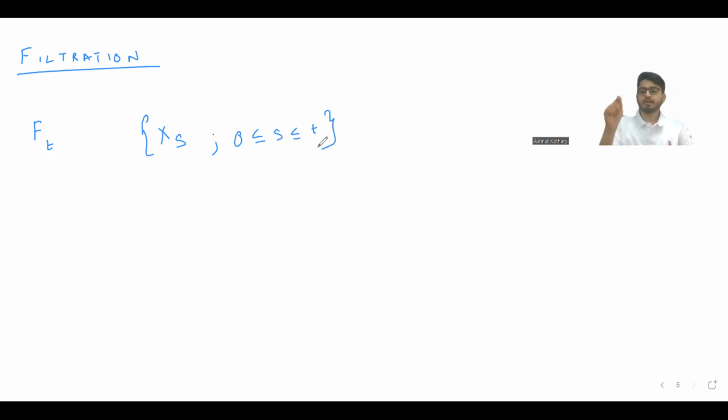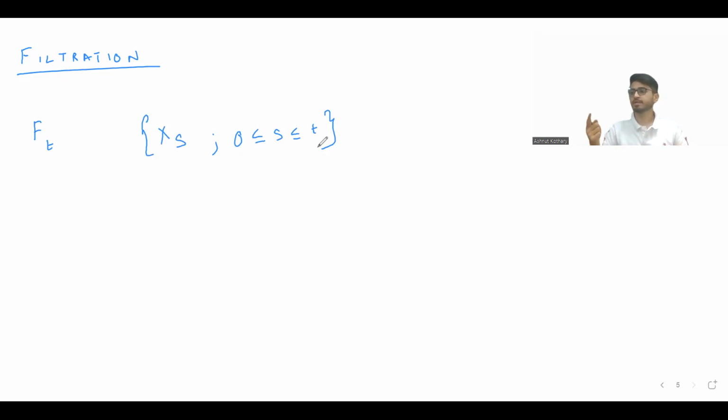So instead of writing X1 is this value, X2, X3, and so on, F_t means I have the value of X_s for all values of s between 0 and t, including both 0 and t. Again, the mathematical definition of this is slightly more complex. For understanding, this is what filtration is doing.